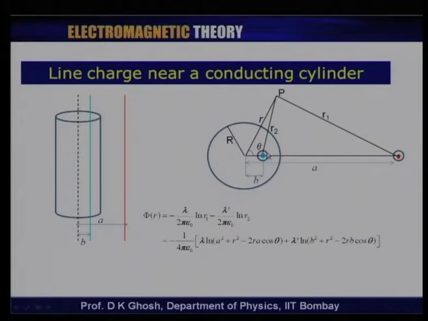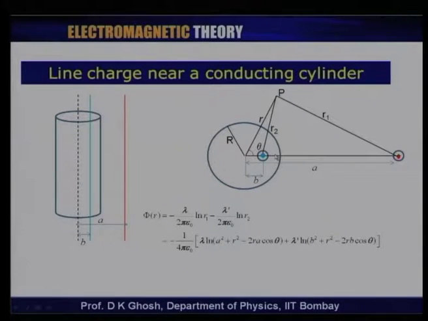The circle with red at the center is the original line charge, which is perpendicular to the plane of the diagram, and correspondingly the blue is perpendicular to the plane of the diagram as well, having a line charge density lambda prime.